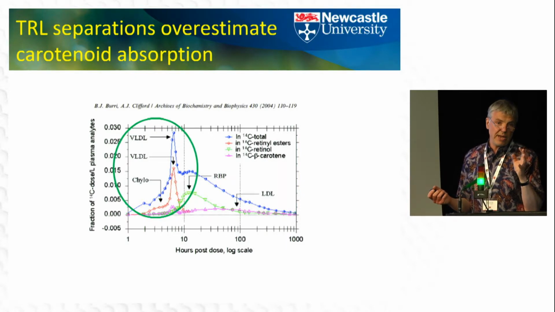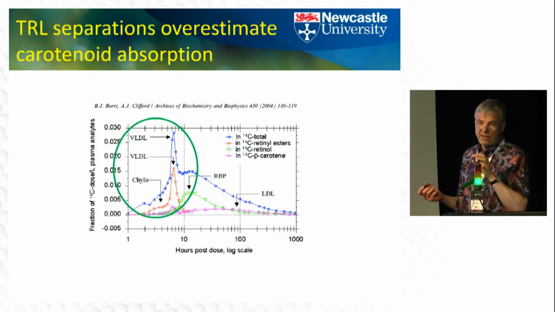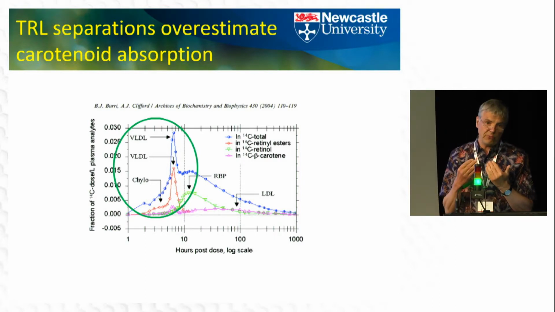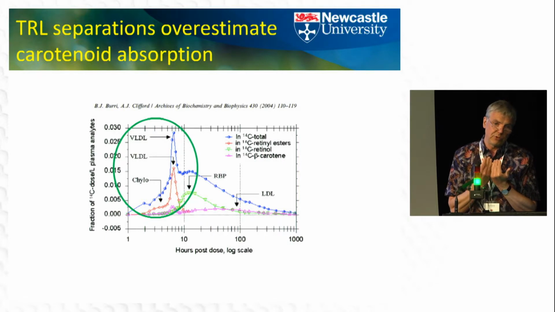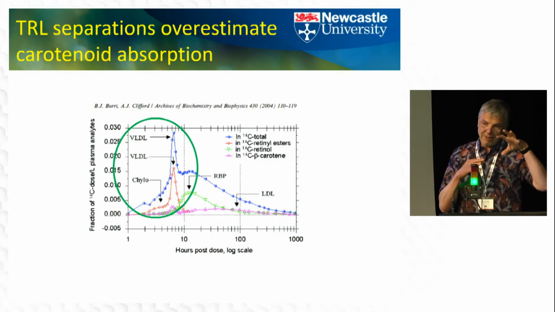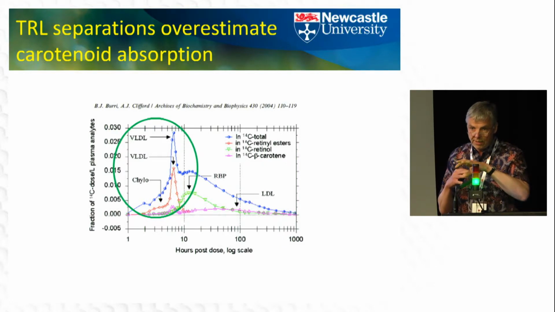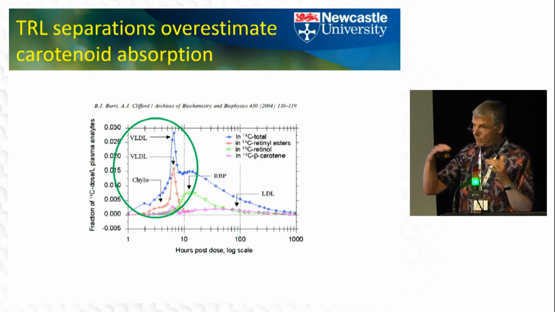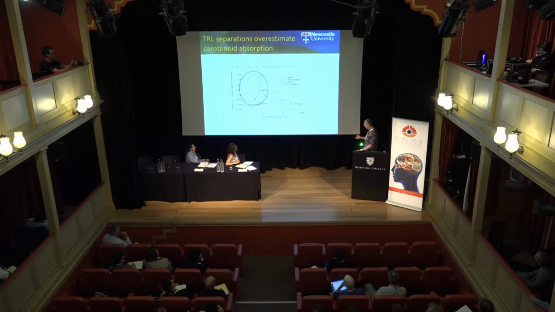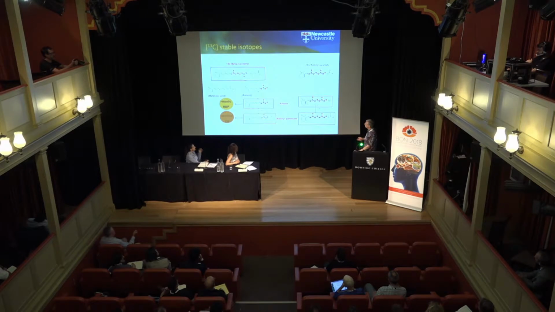And therefore, we are diluting the effect of absorption, and therefore overestimating the amount of the compound that has been absorbed, because we are mixing the VLDL with the chylomicron fraction. And therefore, our areas under the curve are much higher than they actually should be. And I can show you later on how we potentially could overcome this problem.